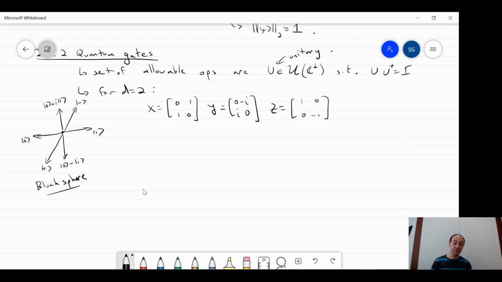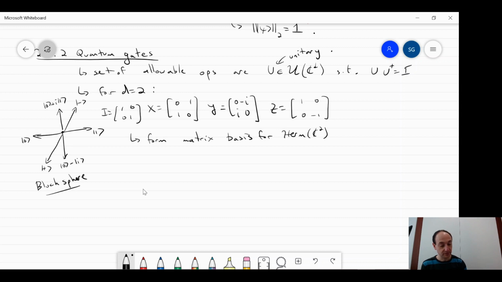The other thing that's really nice, by the way, is that taken together, we also have identity, right? Taken together, these guys form a basis for the space of Hermitian operators, right? So these guys form a matrix basis for Hermitian operators acting on C^2. Okay, so what do I mean by that?